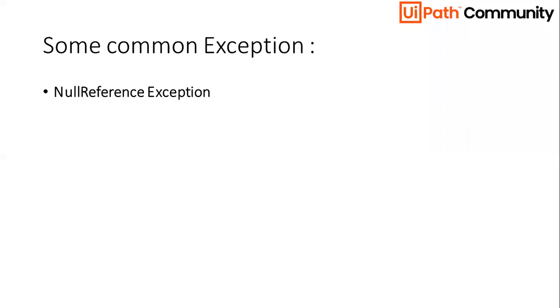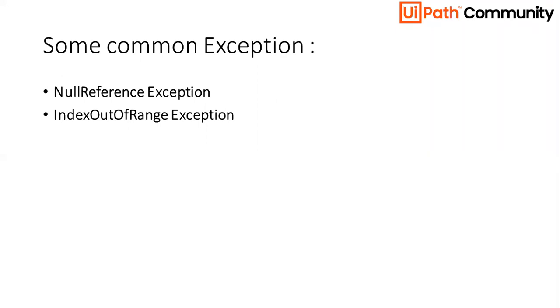The first one is the null reference exception. That is when you refer to something which is null or empty, you would get a null reference exception. Then we have the index out of range exception. It usually occurs when, suppose you have an array of length 5, so there are 5 elements.